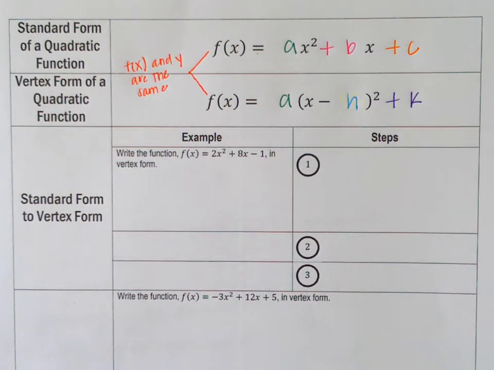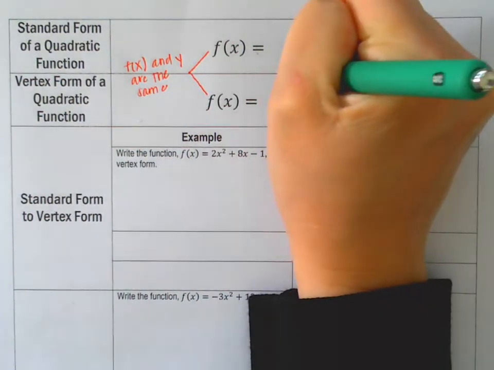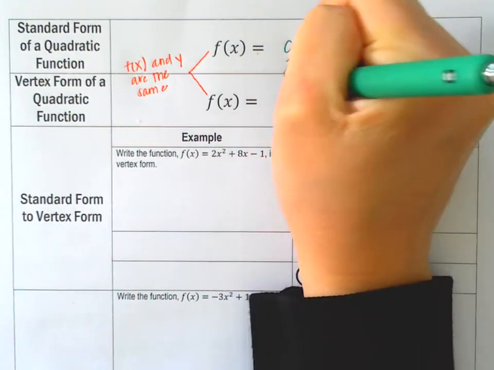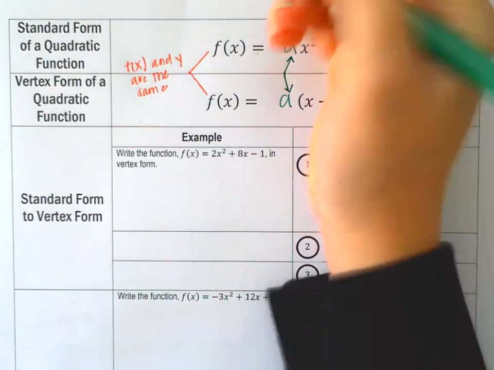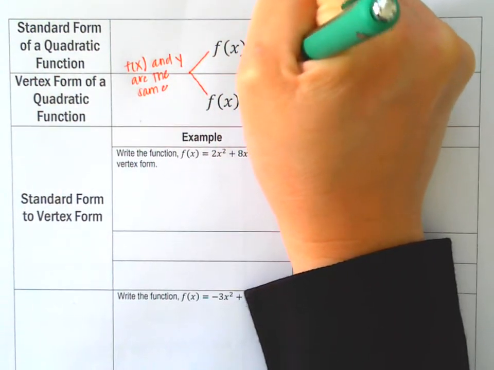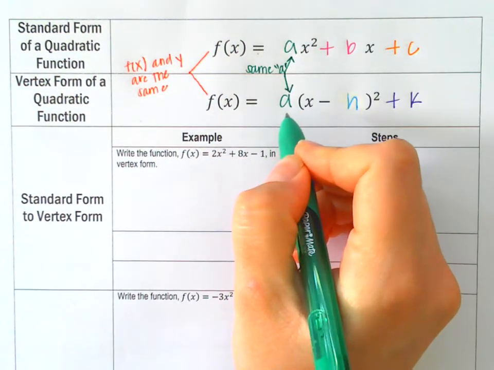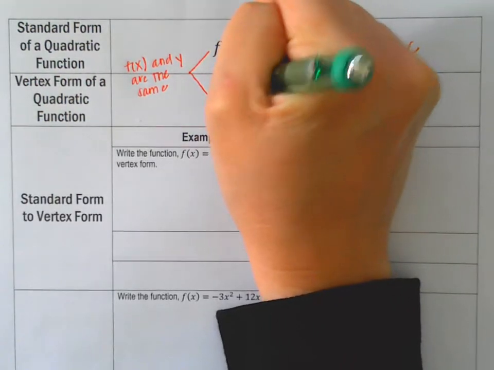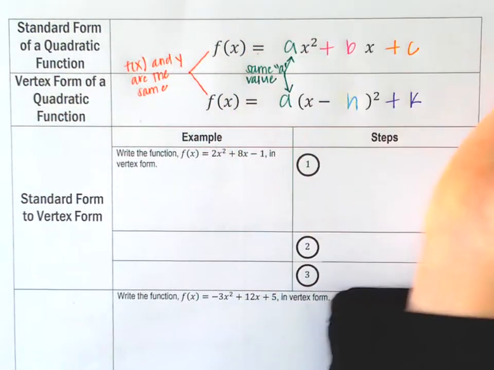I did those in the same color on purpose. So if you have an a value from standard form, you have the a value for the vertex form, which is nice.